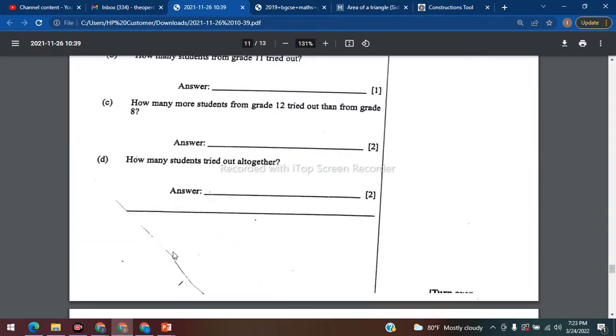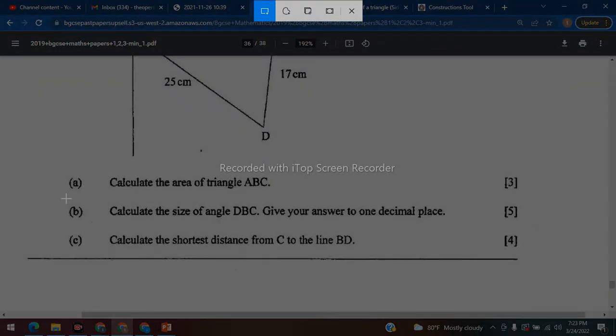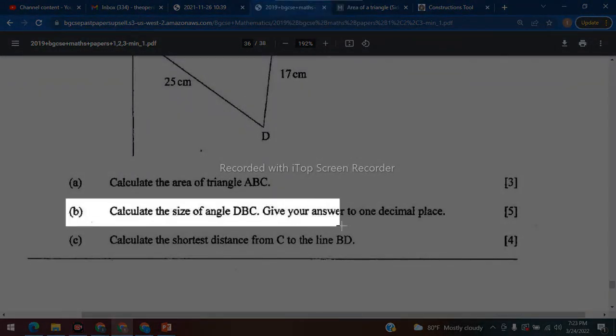Okay, so let's move on to this. So calculate the size of angle.